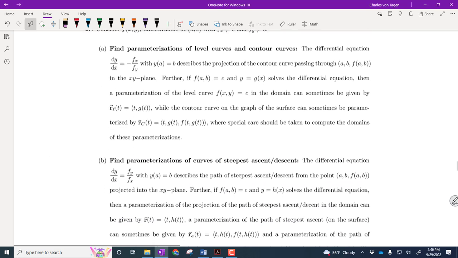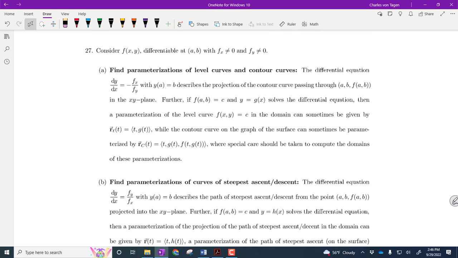Okay? In order to do that, though, we have to solve some differential equations. So we had this one here, and in the video I derived this differential equation. That differential equation gives us a parameterization. The solution to that differential equation is what we'll need for a parameterization of our level curve, our contour curve.